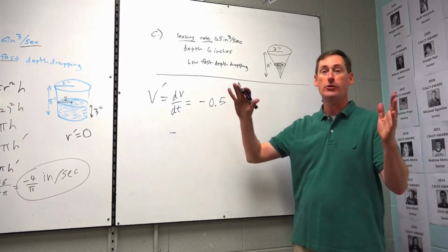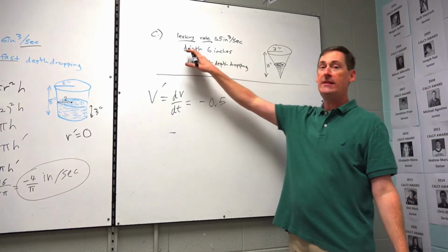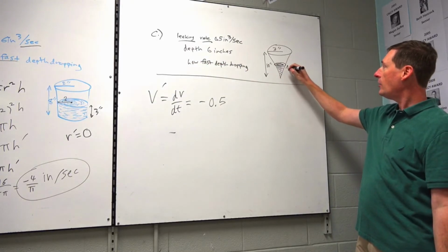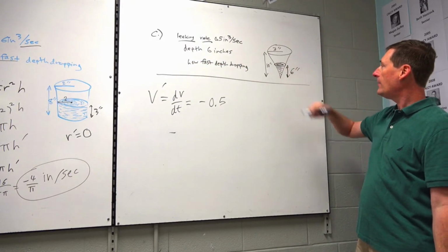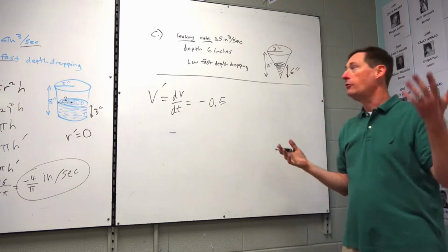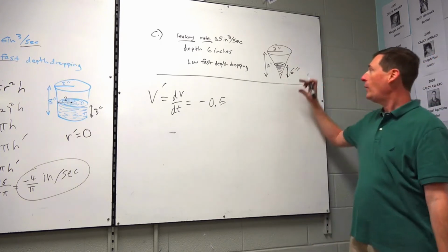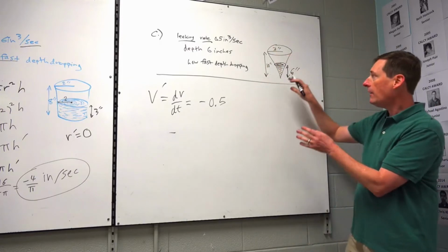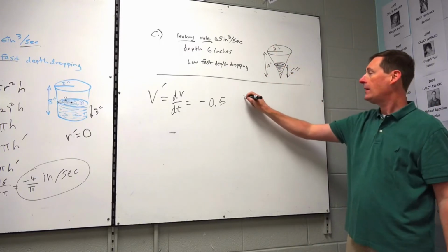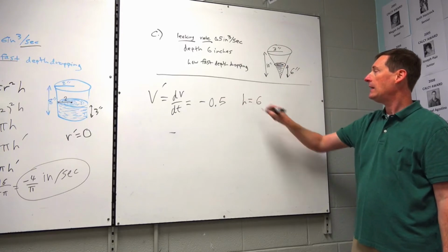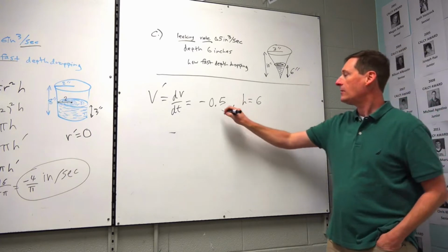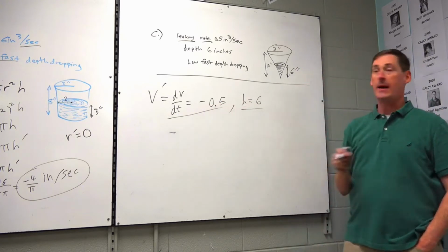All right, what else do we know here? Oh, when the depth reaches 6 inches. Okay, so when the depth of all the leftover melted delicious juice that they put in your snow cone gets down to 6, isn't that the height of the little cone of water? So the height is 6 inches. So we've got 2 clues right there.